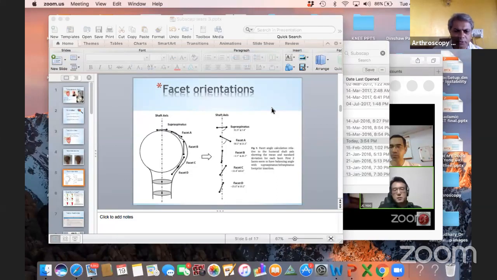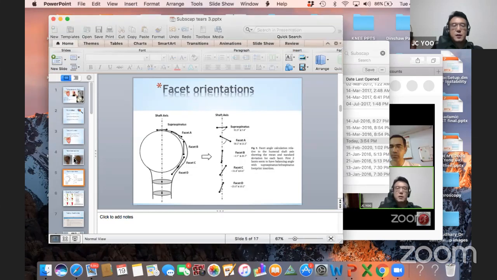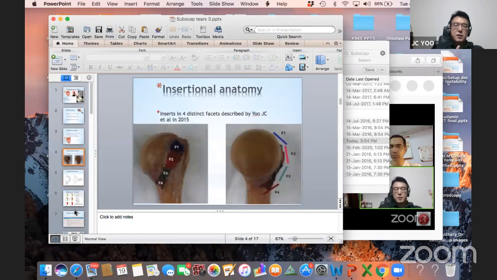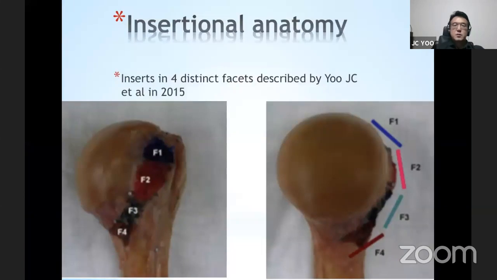And so I think it depends on the patient's activity and the patient's needs. If it's a young patient, only a one-fourth upper portion tear would give some discomfort, would give some problem.